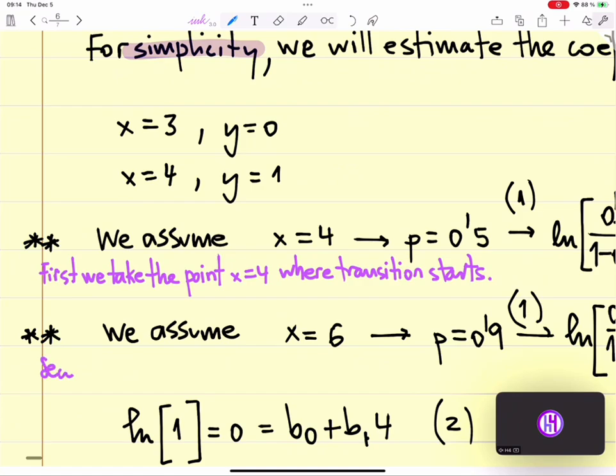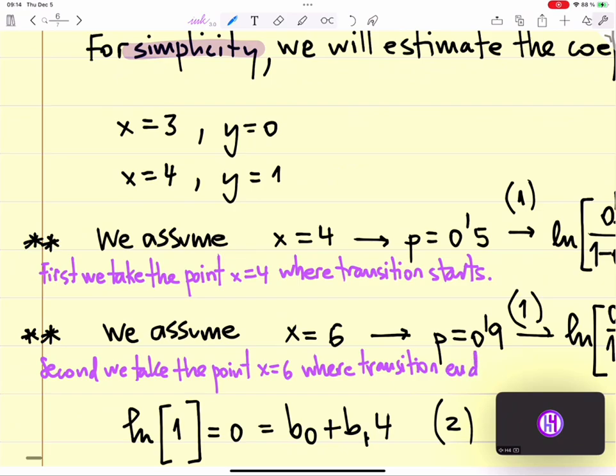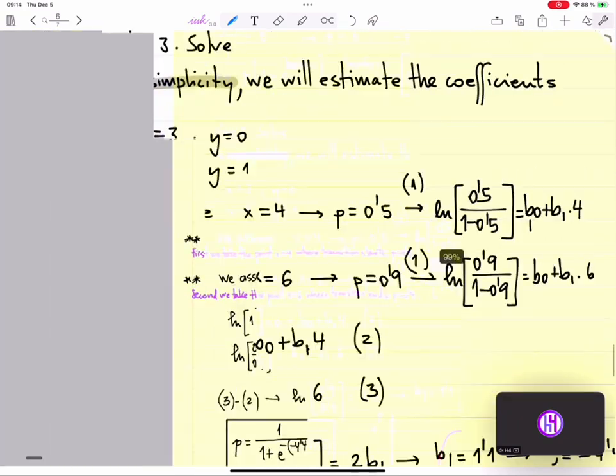Second, we take the point x6 where transition ends. Okay, and then here you say P05, and here you say P09, okay? Or 0.99. Okay?